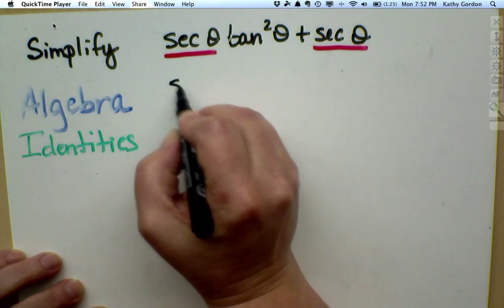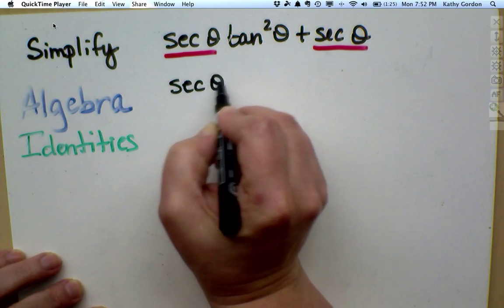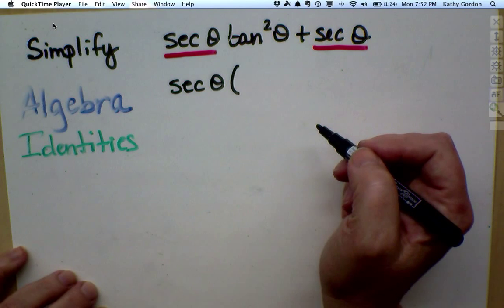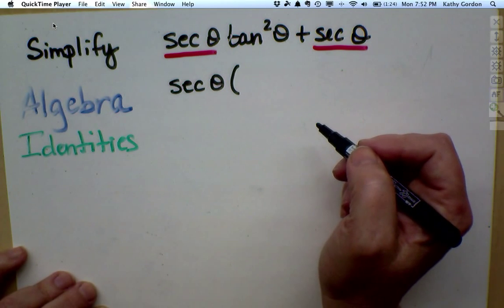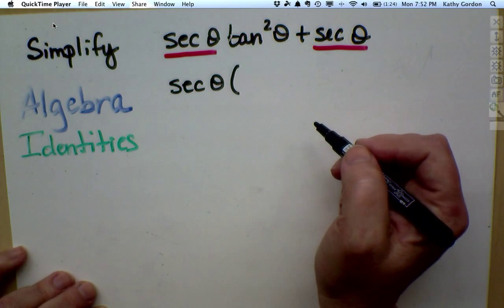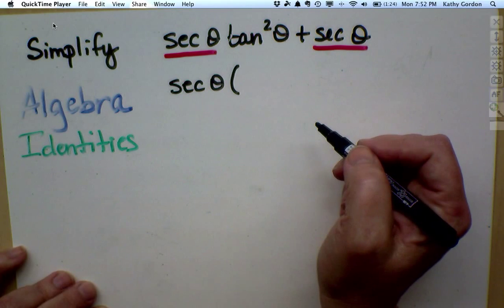So let's try that. Now, one thing you have to be willing to do when you're working with identities is to try things and to retry things. One of the difficulties sometimes with using identities is that there is not one particular way to go about these problems.